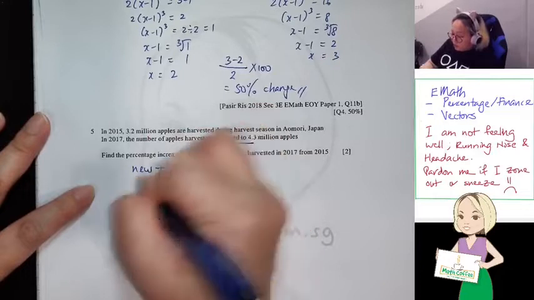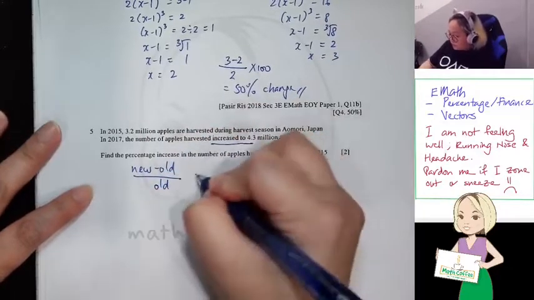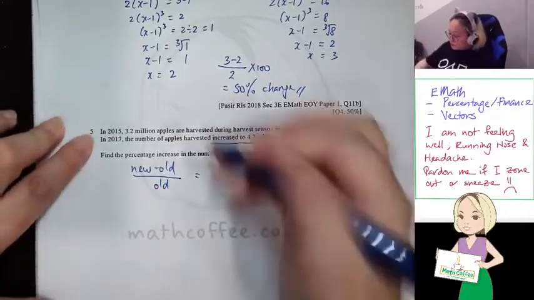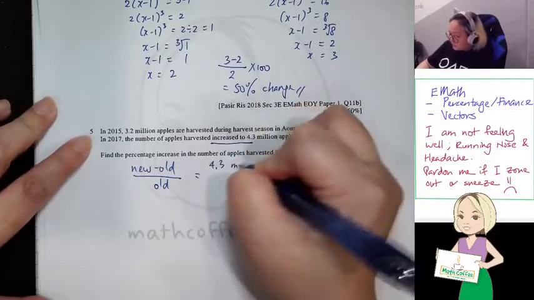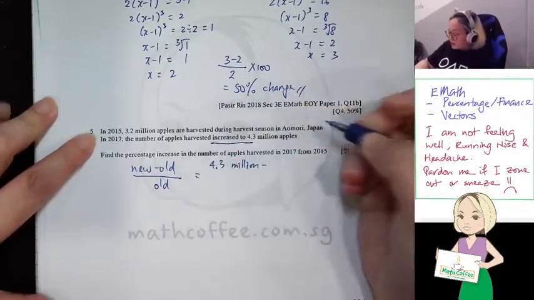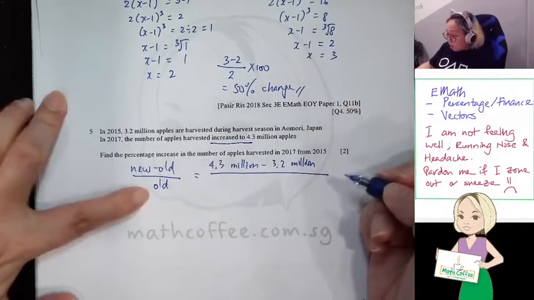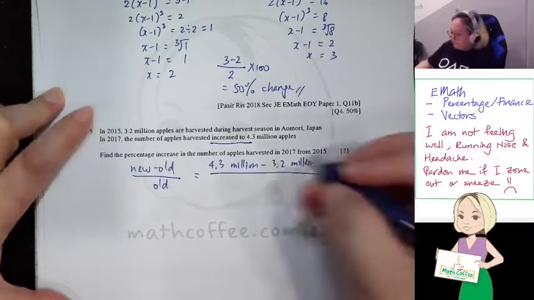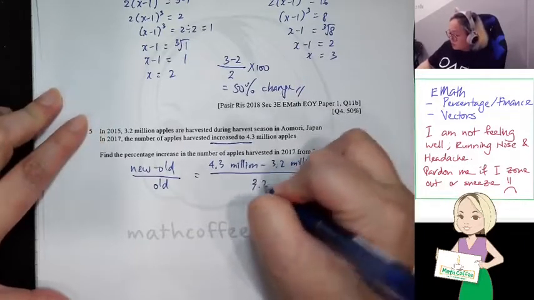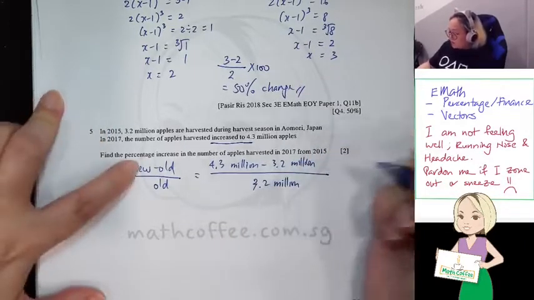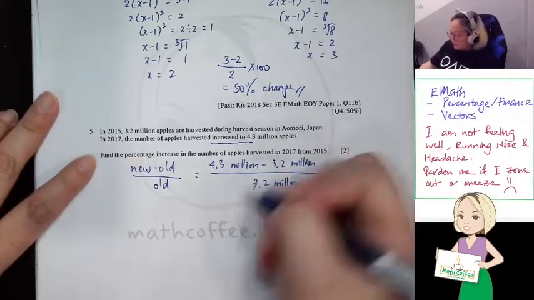minus old over old. So my new is 4.3 million minus the old, which is 3.2 million, over the old. Old is 2015, which in this case is 3.2 million. And because they want percentage, just times 100.